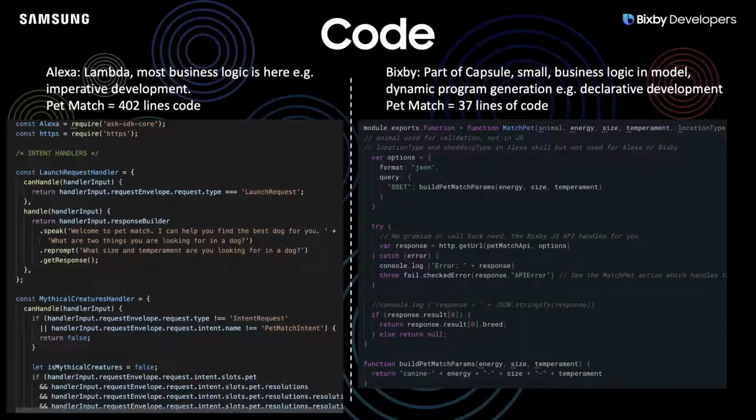So let's talk about the actual code. And here is where there is a very dramatic difference between the two platforms. So the Alexa code is actually 402 lines of code, and Bixby is 37 lines of code. Okay, wow. Why is it so different? As I told you, Alexa is imperative. If you look at the actual code, there's an awful lot of housekeeping code here. Actually, let's just jump over there and take a look at it.